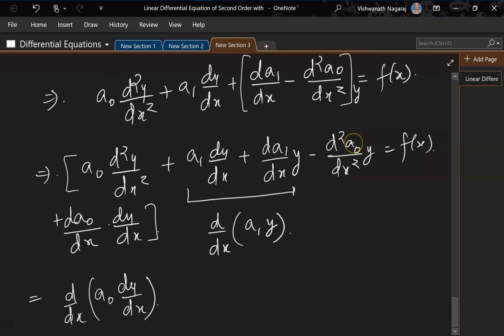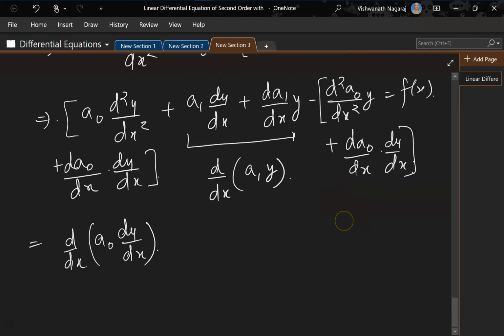So this equation has become unbalanced. So we have to subtract it from here so that it becomes balanced again. So dA naught by dx times dy by dx. And I'll take it into the bracket so that this becomes plus, right?